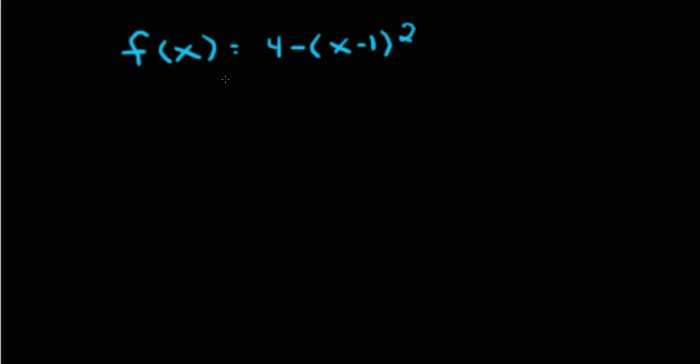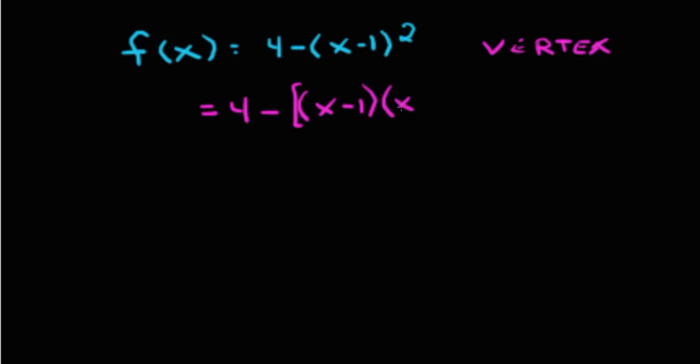So if we want to go from vertex to standard, all we have to do is say, okay, this equation equals 4 minus (x minus 1) times (x minus 1), because that's (x minus 1) squared.